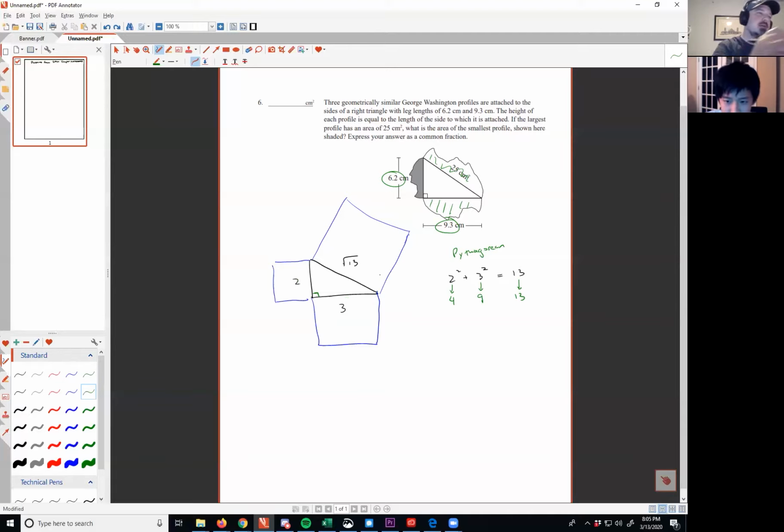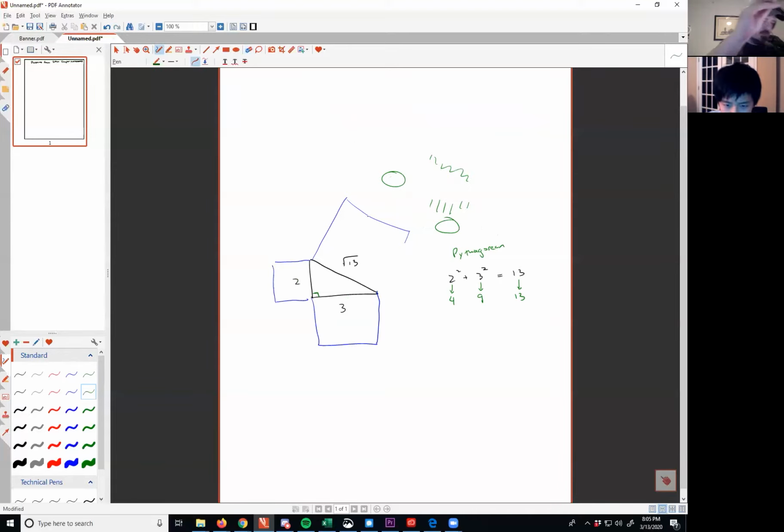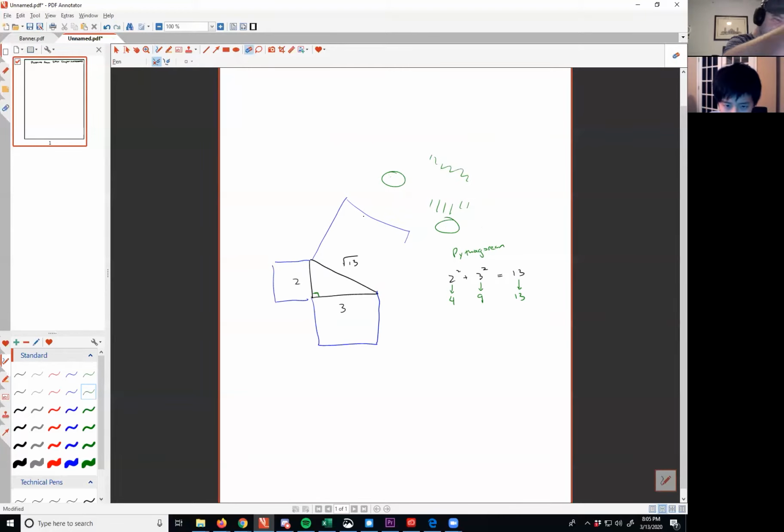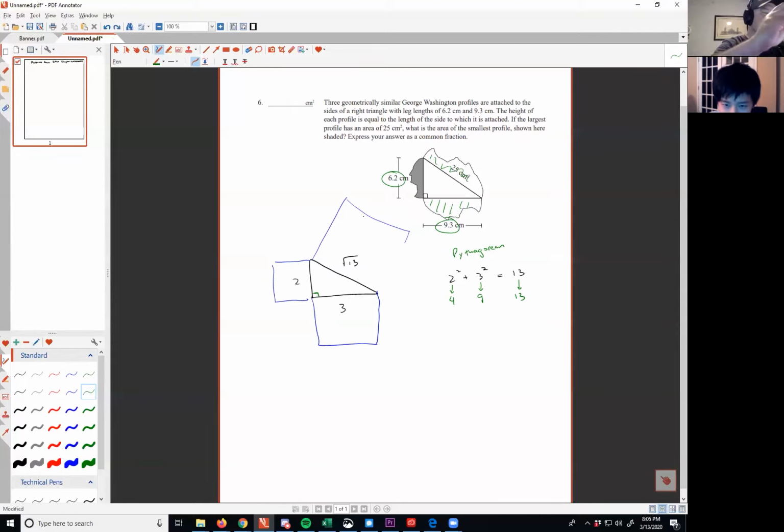Well, let's suppose that these were not squares. Pardon me, I was trying to erase the figure. I'll just leave the figure up and draw a new one. So let's do this with a shape other than a square.